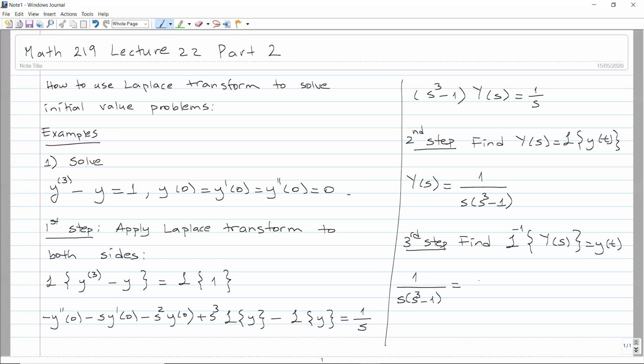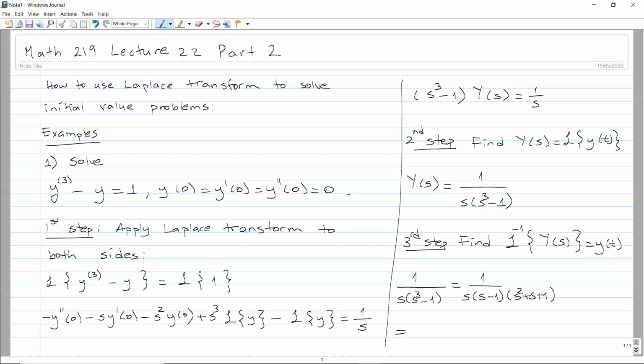S cubed minus 1, we can factor out as s minus 1 times s squared plus s plus 1. We need to do this factorization in real numbers. We don't use complex numbers here. So we cannot factor out s squared plus s plus 1 any further.